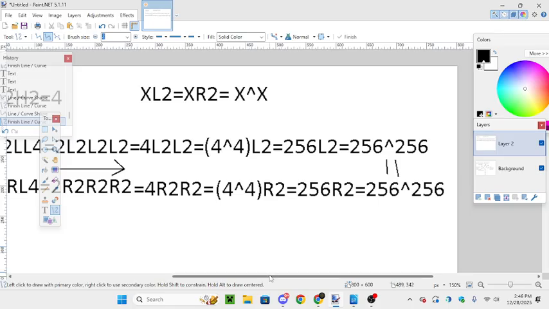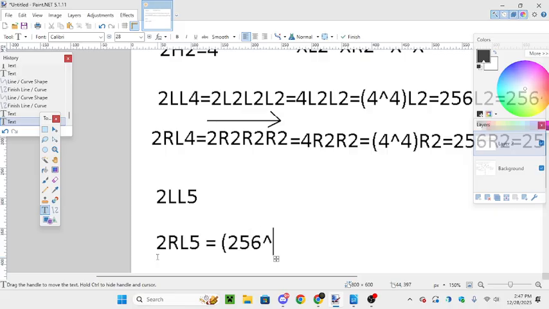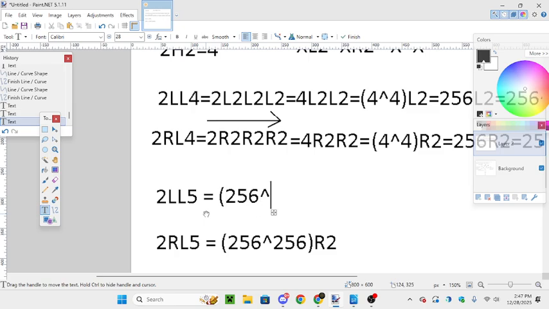Because if we were to take 2 double left pentated to the 5, and 2 doing the left pentation of the right tetration, and we do that to the 5, both of these equal the same thing, which is 256 to the power of 256 to the power of the right tetration of 2, and this is equal to 256 to the power of 256 to the left tetration of 2.